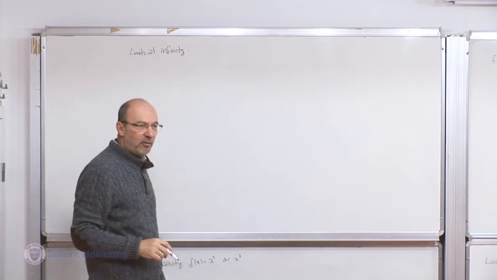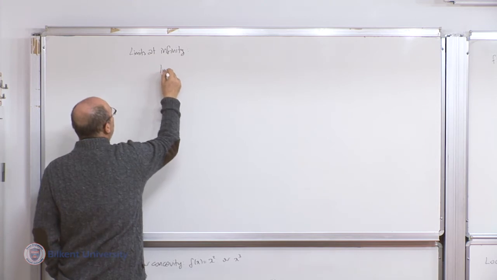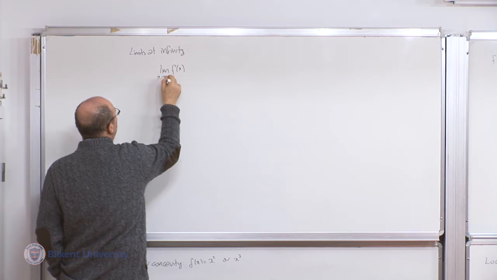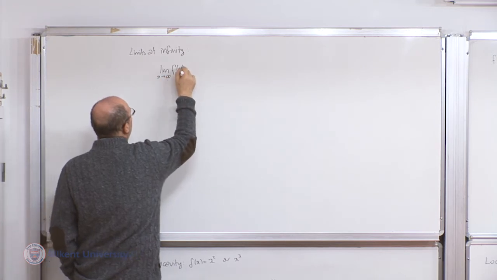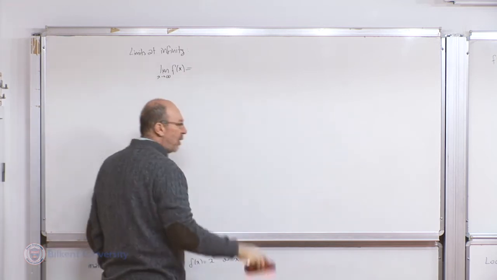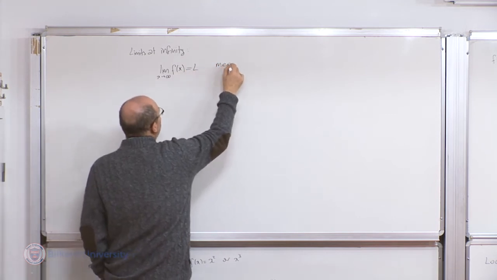Technically, that's the limit of f as x goes to infinity. Okay, so the limit of f of x as x goes to, say, plus infinity. Suppose this limit exists and it is equal to some number. Generally we denote limits by L. So let me write L. So what does it mean?